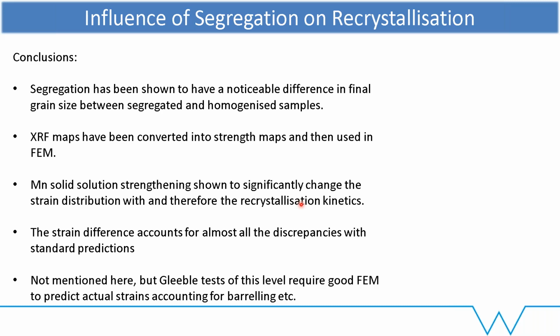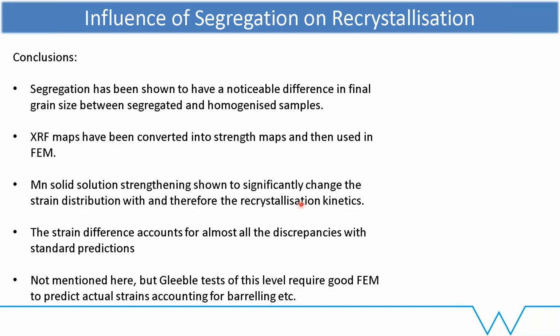When people are using recrystallization studies, they say this is the material that we used, but what's the segregation condition? Is it fully homogenized? What is fully homogenized? And that really muddies the water for all these fitting parameters or these recrystallization kinetics when we're trying to do literature searches.